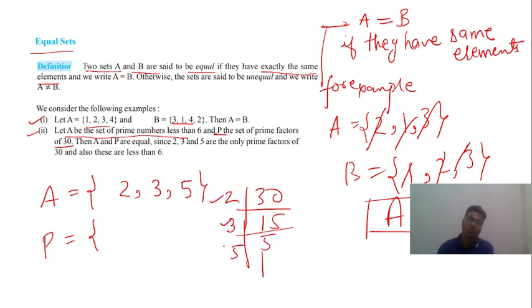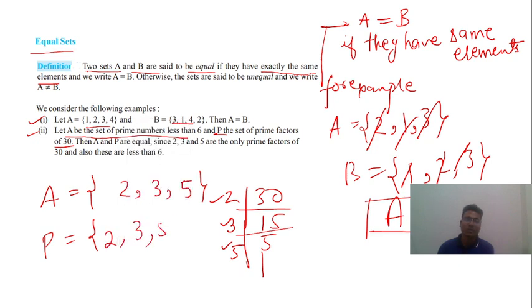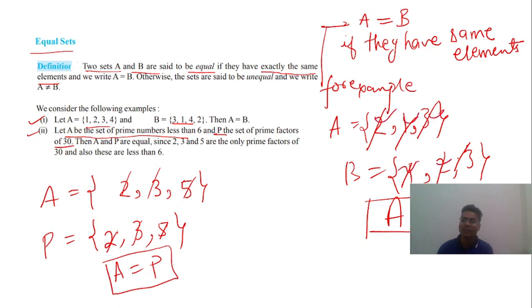So again you get 2, 3 and 5. Here 2 is also here, 3 is also here, 5 is also here. So A equals P. Two or more sets are equal if they have exactly the same elements present in them.